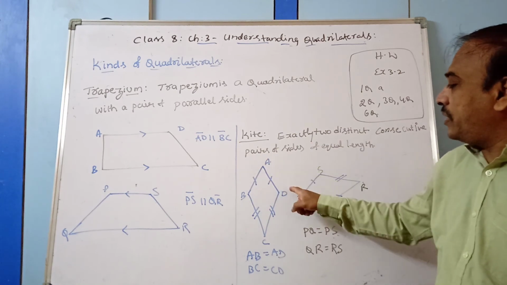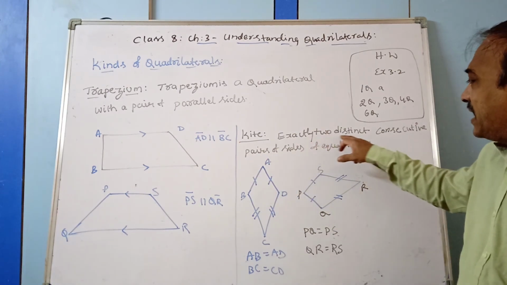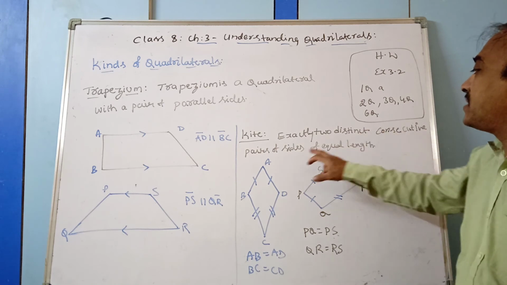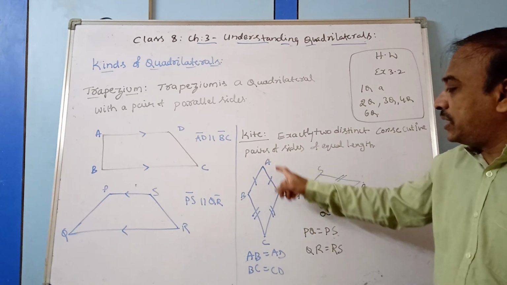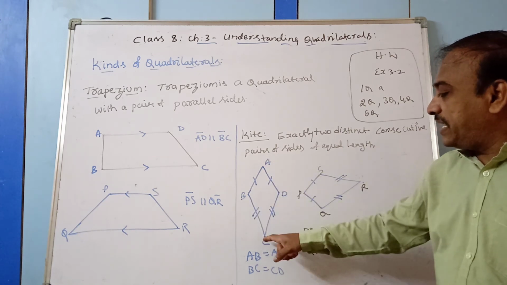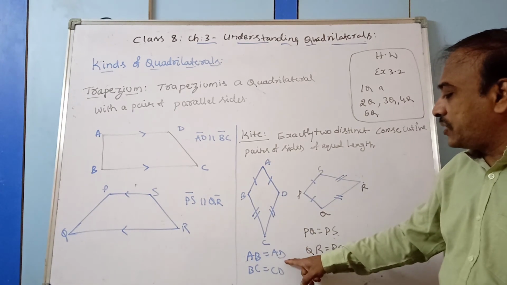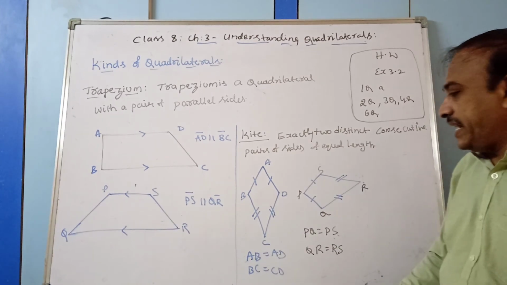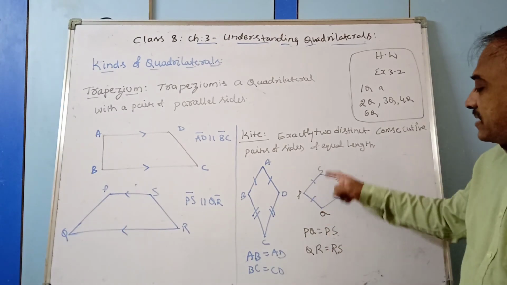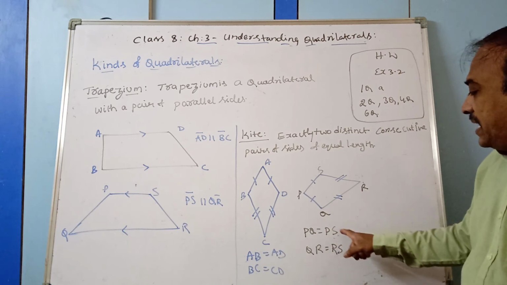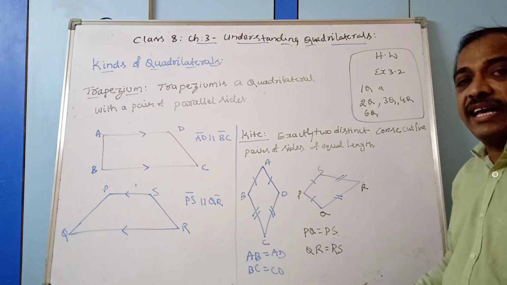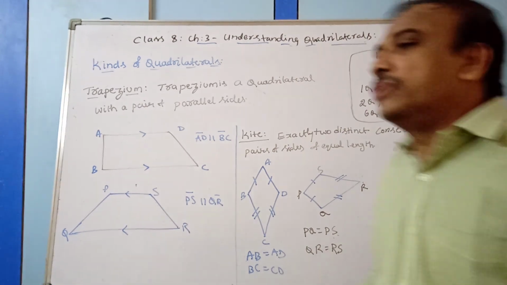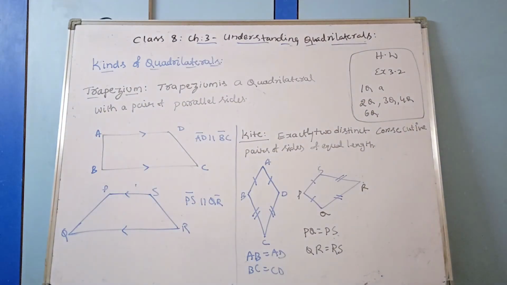AB is equal to AD, and BC is equal to CD. That is a kite. In PQRS, PS is equal to PQ and QR is equal to RS. These two sides are equal and these two sides are equal. This is about the kite and the trapezium.